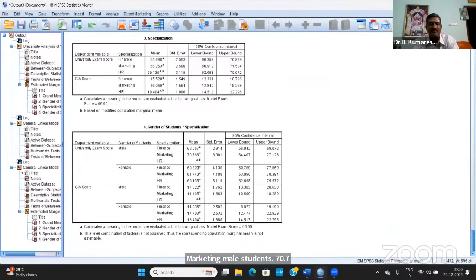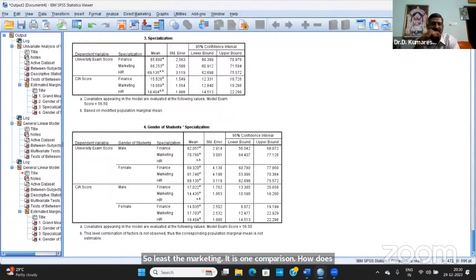So among the male students, the marketing students are better than the finance students. Among the female students, 69.32 in finance, marketing 61.740, HR 69.135. So best finance, second HR, least marketing. It is one comparison.